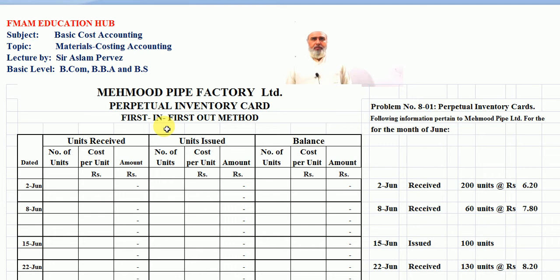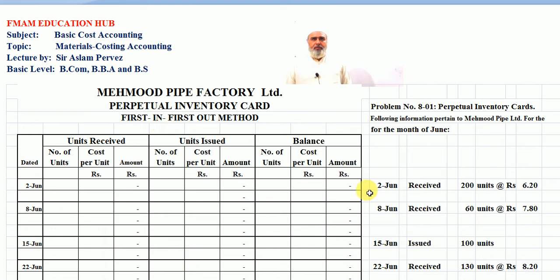In other words, cost of material is charged to production in the order of purchase. The earlier costs recorded in materials ledger cards are used for costing materials issued, and the balance is composed of units received later. Student, this is the meaning of the first in, first out method.